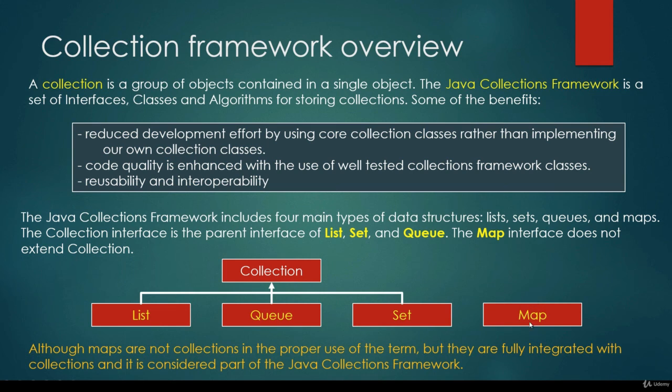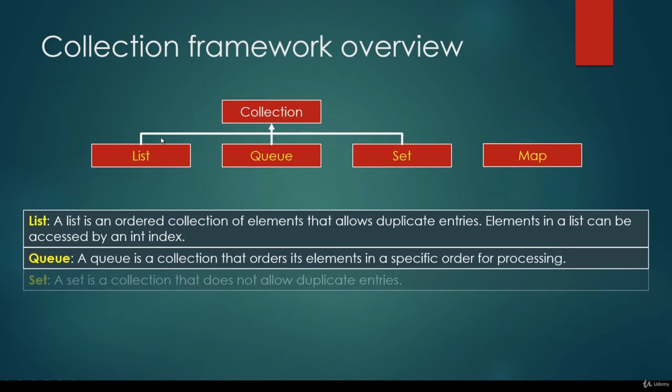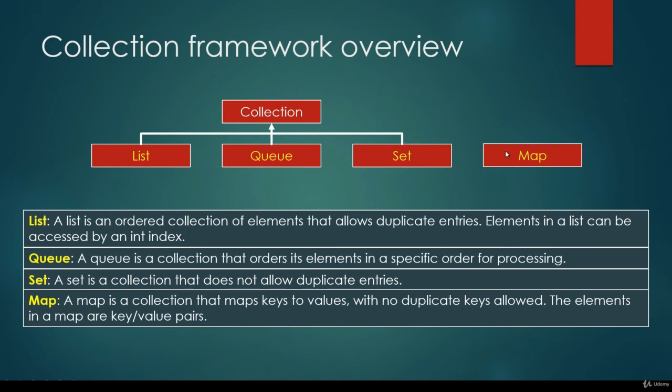So as you can see, the map itself is not a collection. Although maps are not collections in the proper use of the term, they are fully integrated with collections, and this is why it is considered part of the Java collections framework. So this is crucial: there are four extremely important interfaces and three of them extend the collection interface. Okay, so lists, queues, sets, and maps.